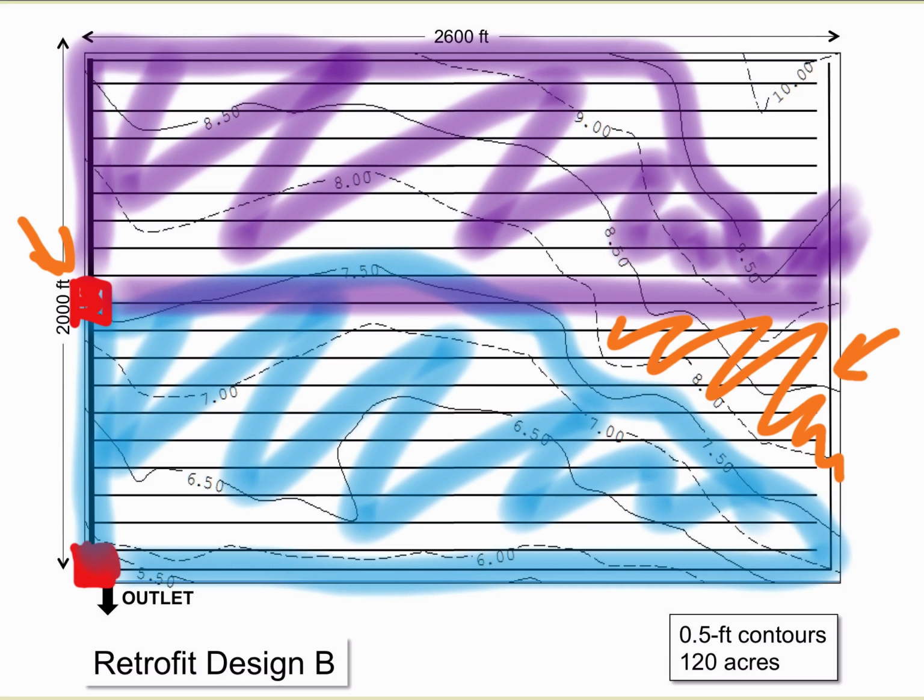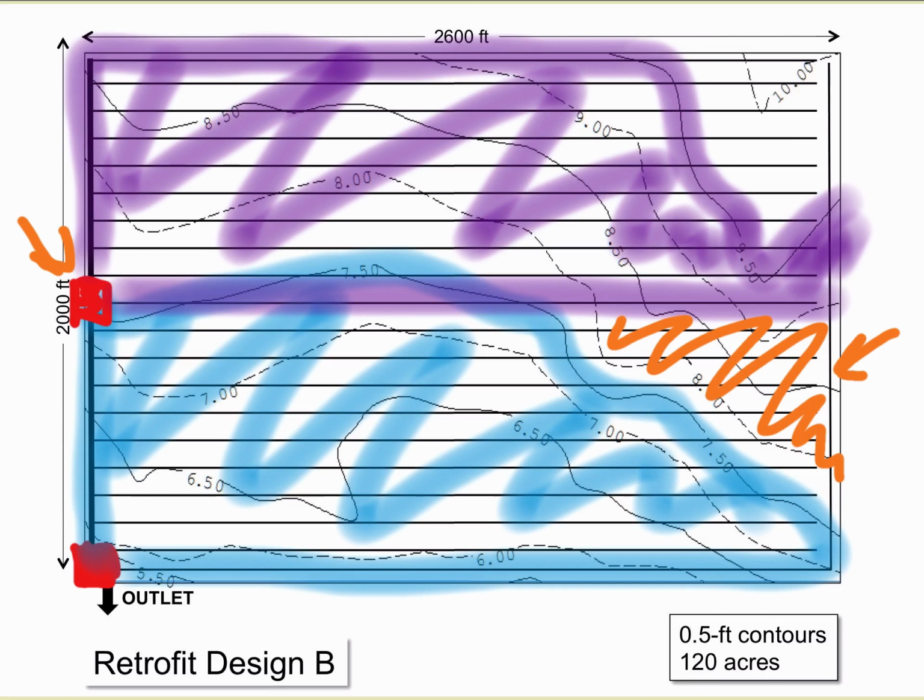The answer is because the laterals here are much more aligned with the field contours. Even though it is an existing system, even though it's a retrofit, it just so happens the laterals are aligned pretty nicely with the contours. And as a result of that, the field sets up much better for drainage water management.